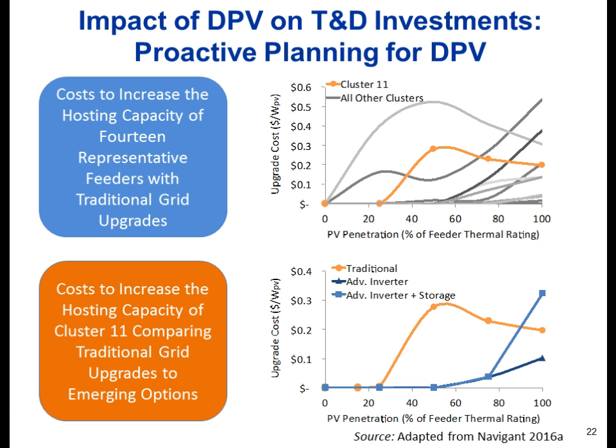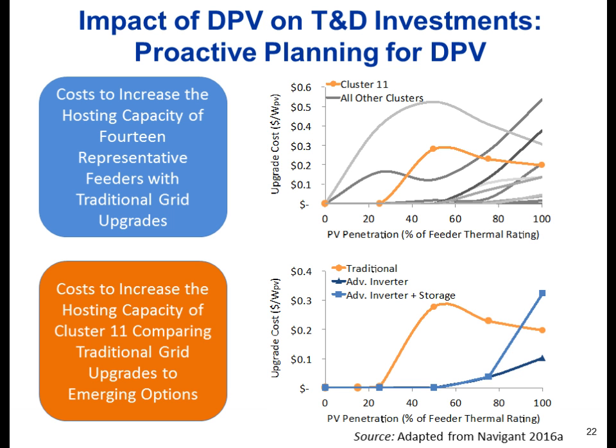This chart here on the top right shows the distribution upgrade costs per unit of PV nameplate capacity to accommodate different levels of distributed PV penetration on 14 representative feeders in the Dominion, Virginia system. Up to the hosting capacity, the upgrade cost is zero. But beyond the hosting capacity, upgrades to the distribution system are required to help remain within the operating limits.